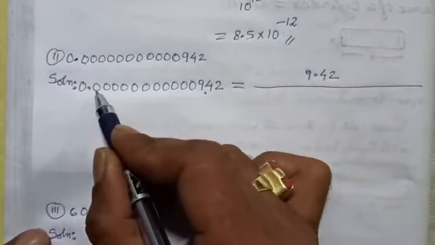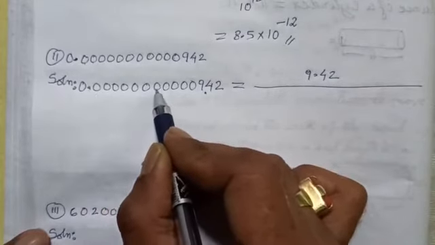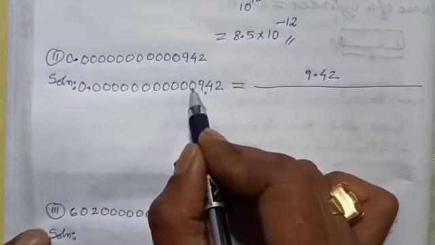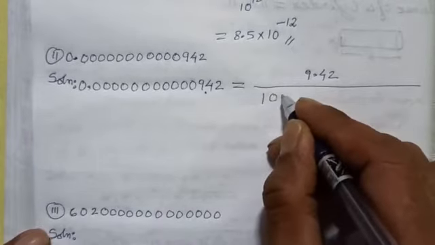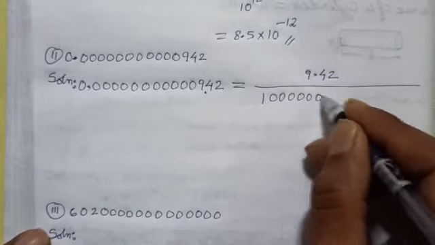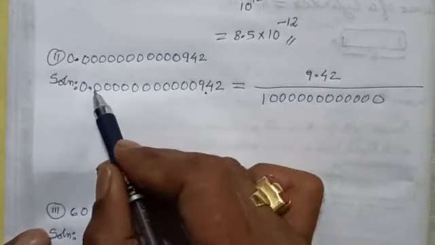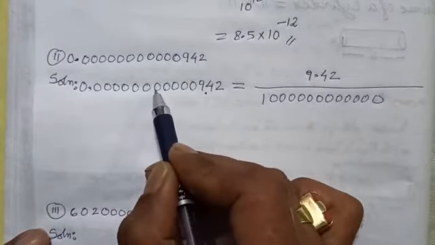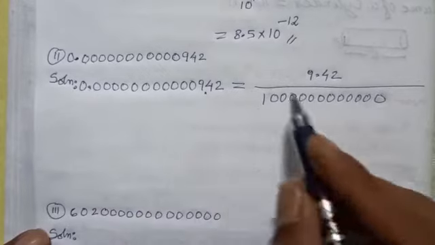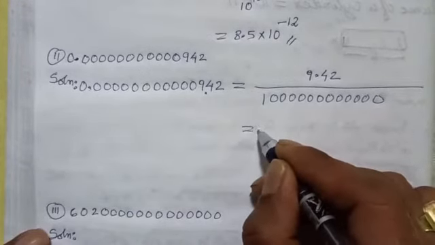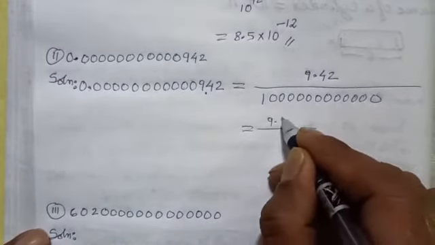1, 2, 3, 4, 5, 6, 7, 8, 9, 10, 11, 12. We will get this. The next is 9.42.